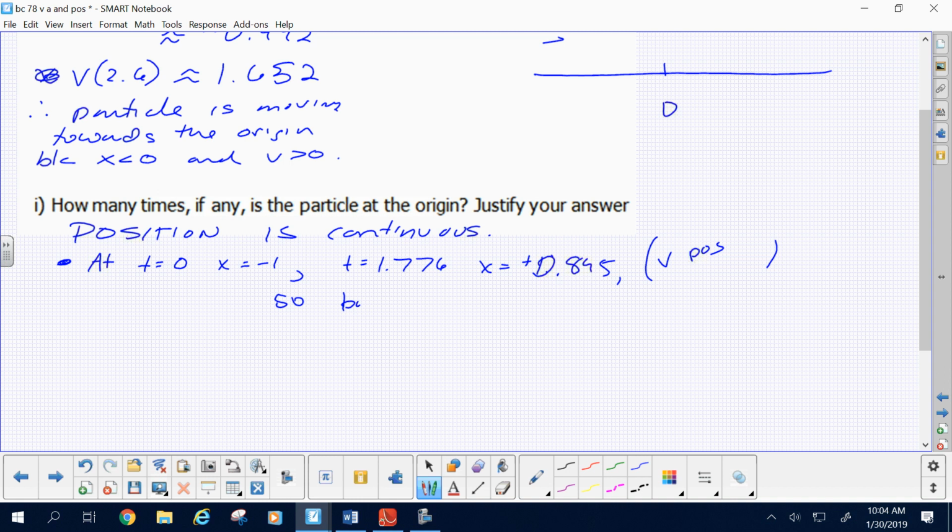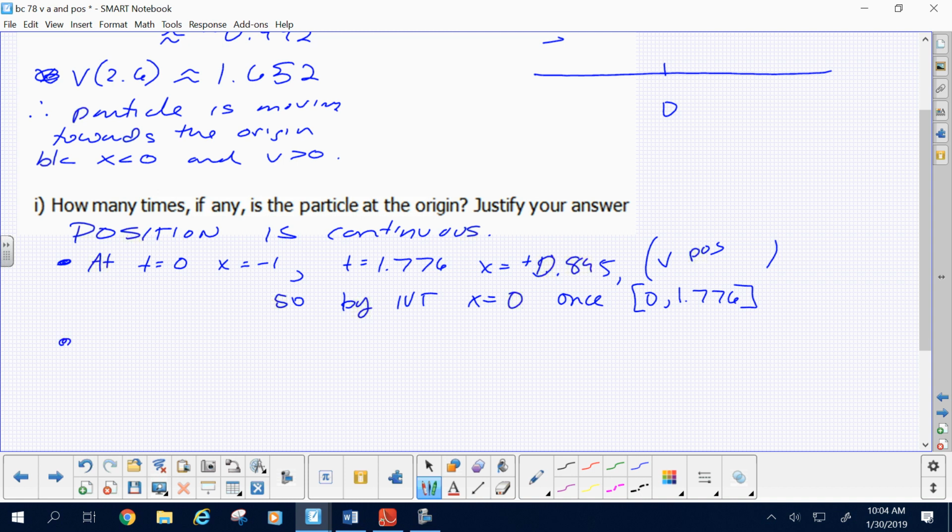So by IVT, x must equal 0 once in that first time frame. It moved right only from -1 to positive 0.895, so by IVT x equals 0.